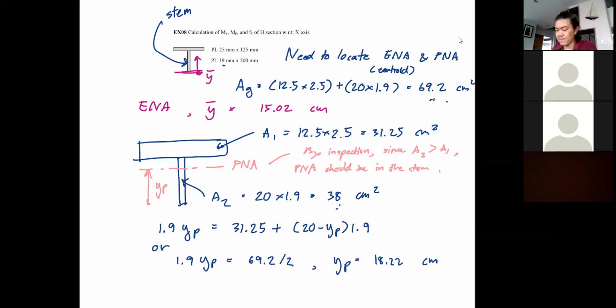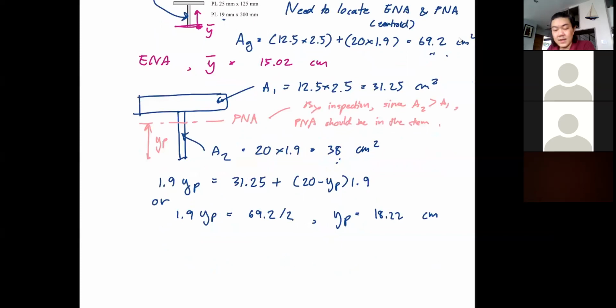Okay, so here we go. I'm not going to do the elastic section modulus because that's a piece of cake. So let's do the plastic. Now be careful. Now you know this is where your plastic neutral axis is. Now you are going to have this area where you need to take moment about PNA, okay?